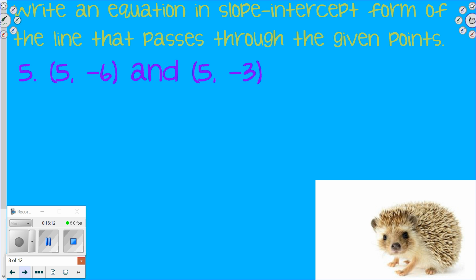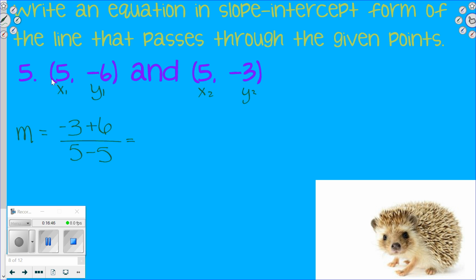All right. Let's go through this one again, guys. Let's go through it together. So we have 2 points, x1, y1, x2, y2. The only thing you can do with 2 points is find the slope. So your slope formula is y2, negative 3, minus y1, which is negative 6, so makes that plus 6, over 5 minus 5.